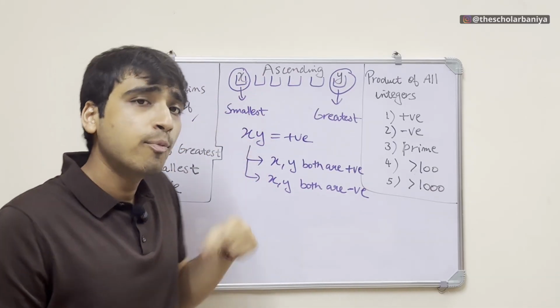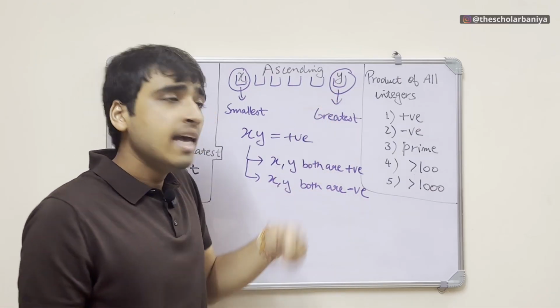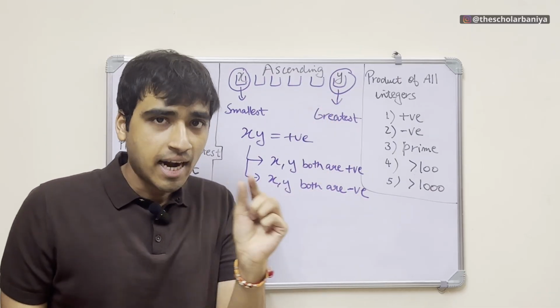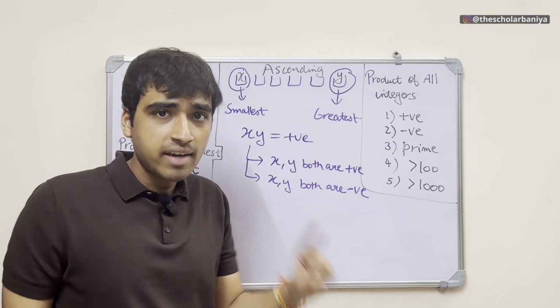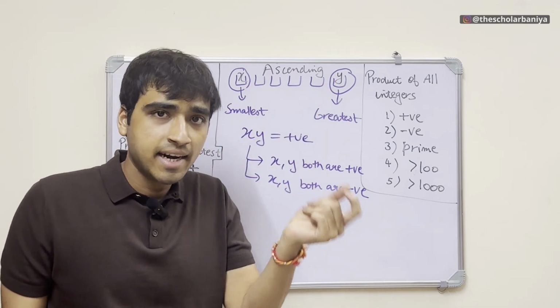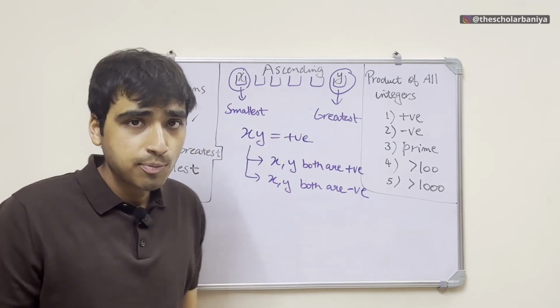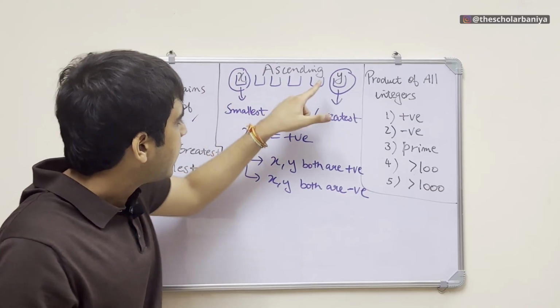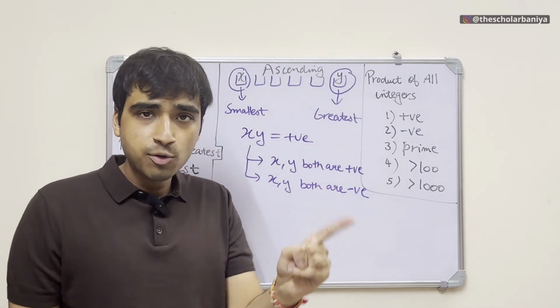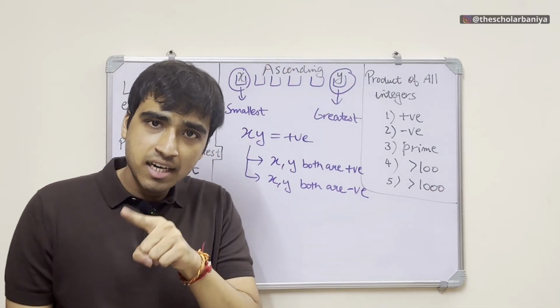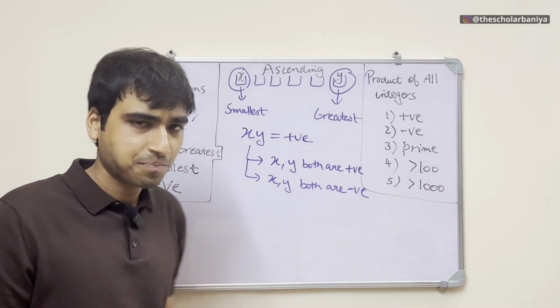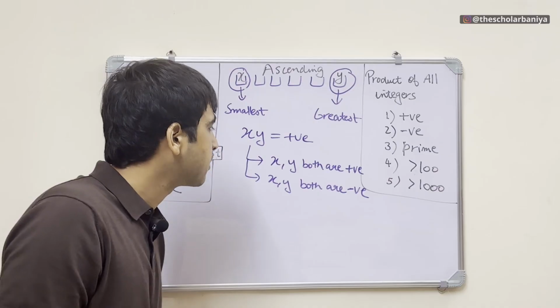If x is positive, then y has to be positive, and that is why their product is positive. If x is positive and y is negative, the product will be negative, but we know that the product is positive. So either both are positive, since positive into positive is positive, or both are negative, because negative into negative becomes positive. This is one thing which should be clear.